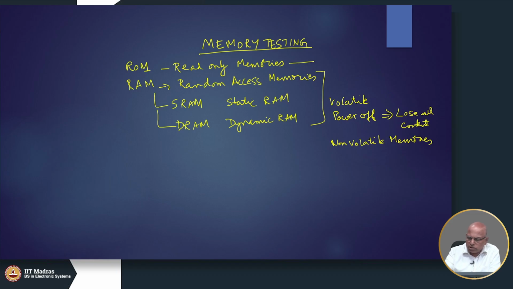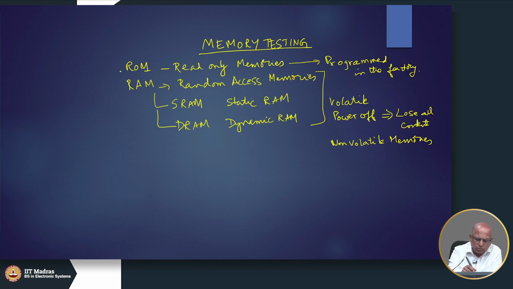The read only memories are programmed in the factory. So, you cannot write into them, the user cannot modify the content. So, where is ROM used? ROM can be used to store information that does not change.